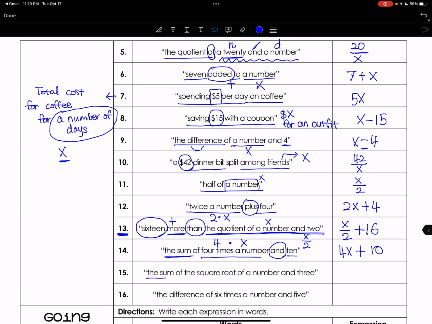And then the other sum problem. So you're going to add two values again. And this time it's not just x, it says the square root of a number. So a number is x, but because of the phrase square root, you're going to use the square root sign and a number x and 3.